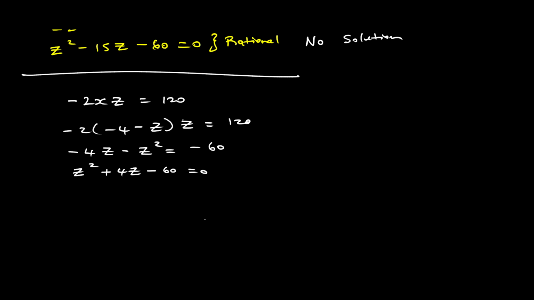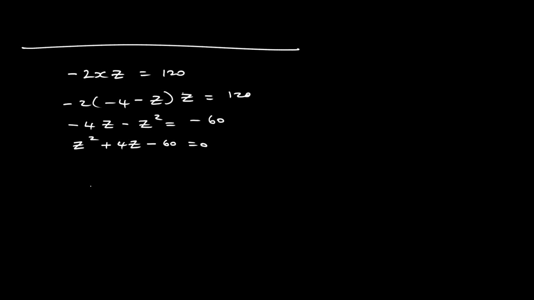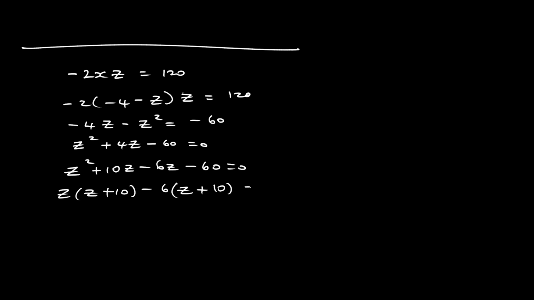Now this is factorable using the AC method, so let's do just that. So z squared plus 10z minus 6z minus 60 is equal to 0. So let's factor out z. We'll be left with z times z plus 10, minus 6 times z plus 10, equals 0.